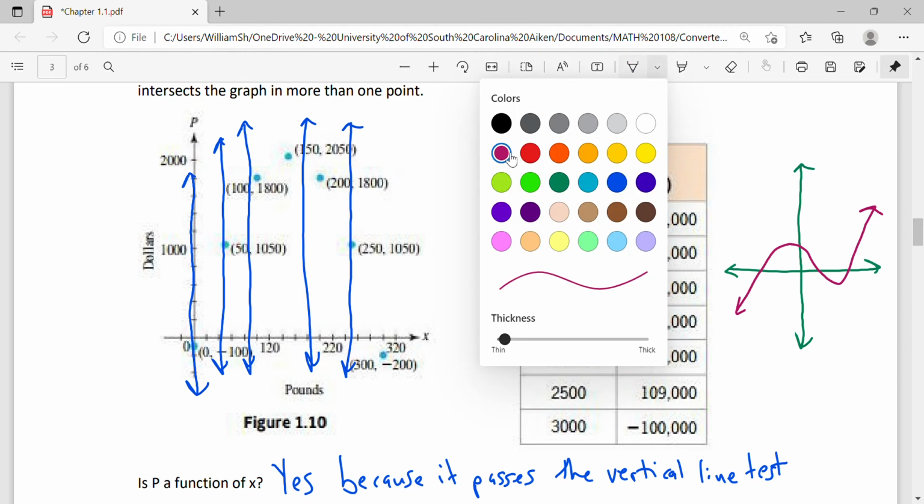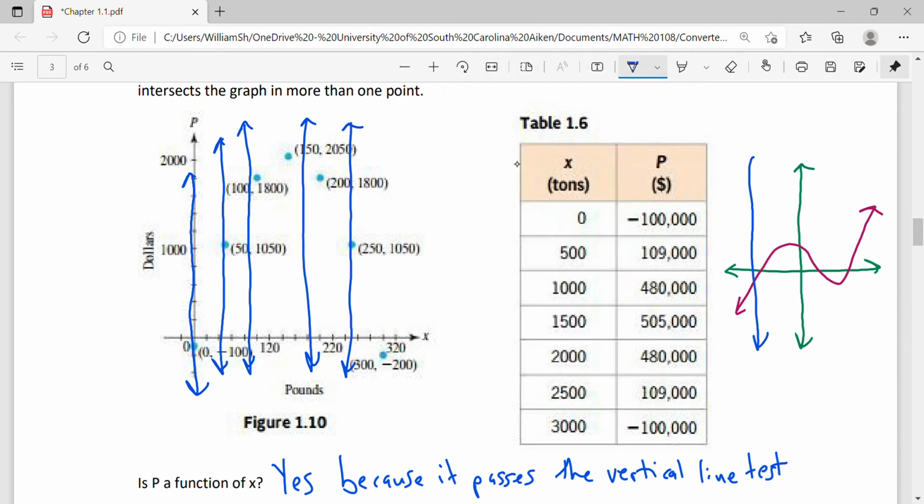Now I'm going to draw vertical lines, and every vertical line is only ever going to intersect one point. There's not a place on the graph where this line is going to hit more than one point. It doesn't have to even hit a point, but it's going to hit only one point every time I draw a vertical line. Therefore, this is a function.